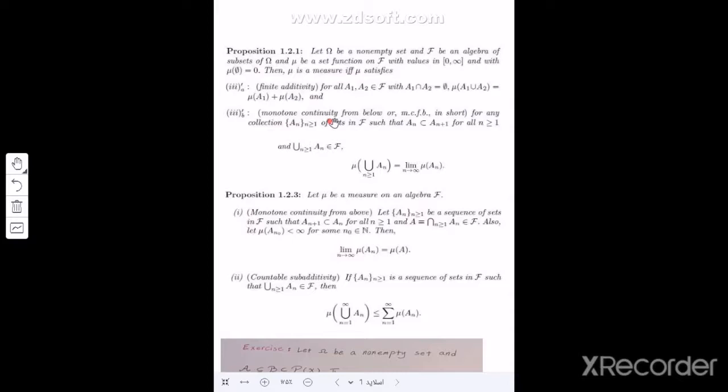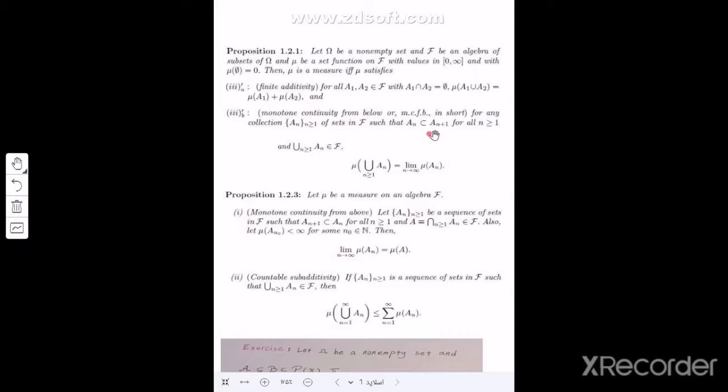Okay, monotone continuity from below. In this property, please notice, we have an increasing chain A1, A2, A3, and so on. With this condition it is called an increasing chain.